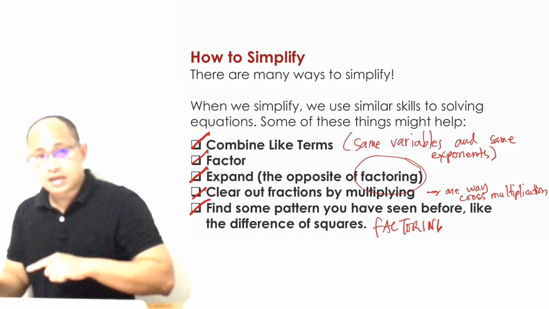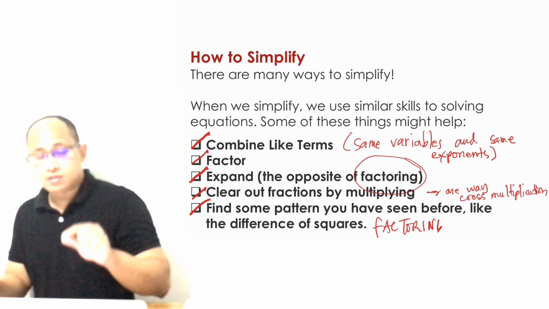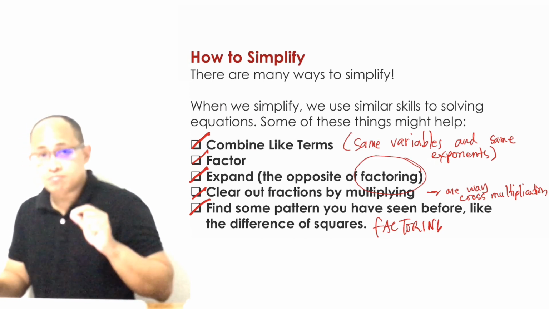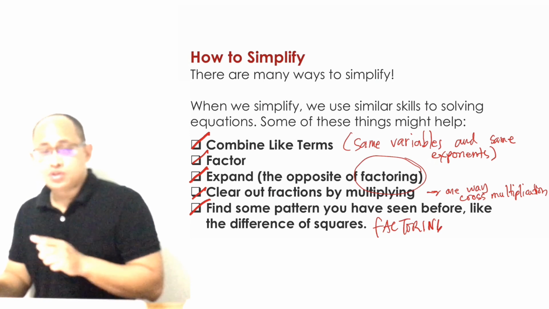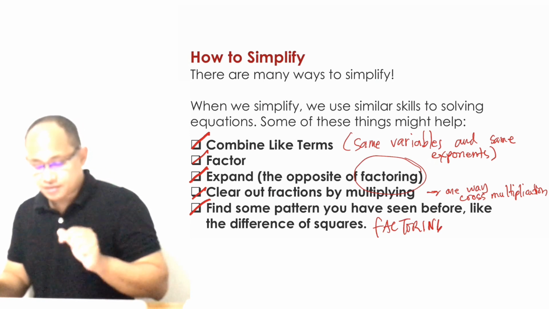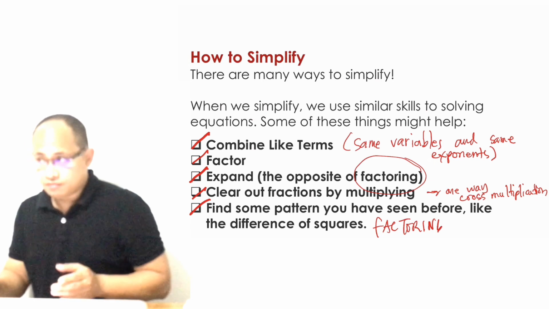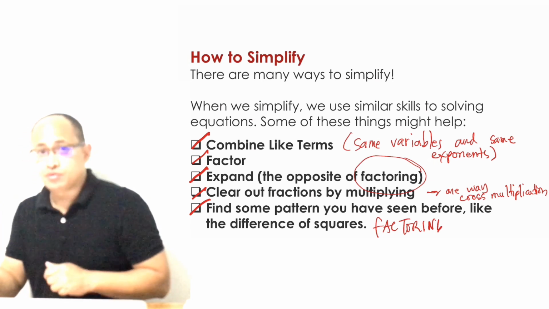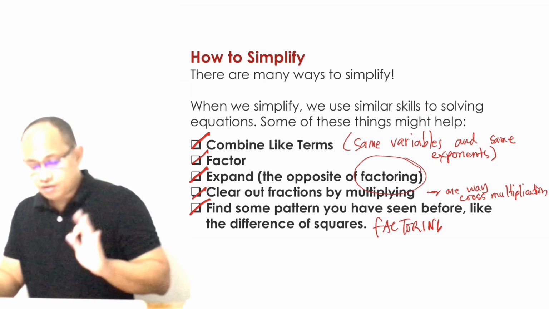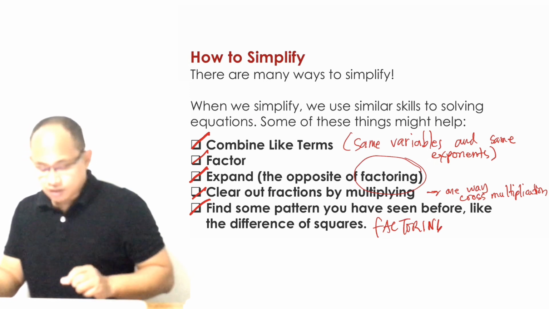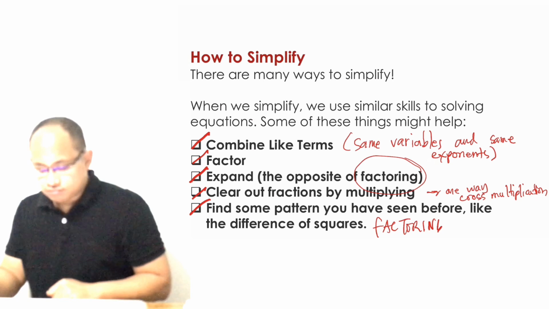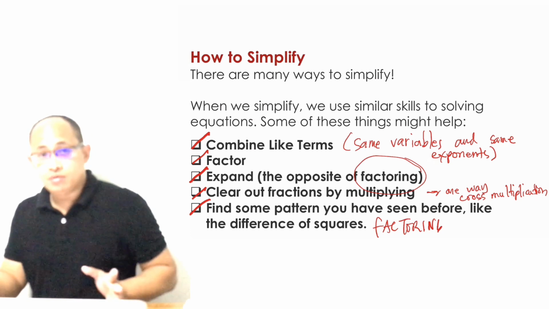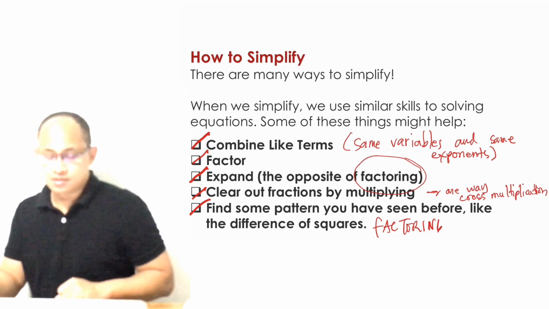So remember 5 things. First, combine like terms. Look at the variables and the exponents. These should be the same. All you have to do is combine the coefficients. Second, factor. Find the numbers that you multiply together to get the given expression. Third, expand. Use factoring. Fourth, clear out fractions. There should be, as much as possible, no fractions.